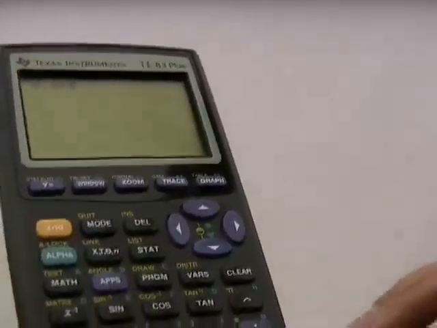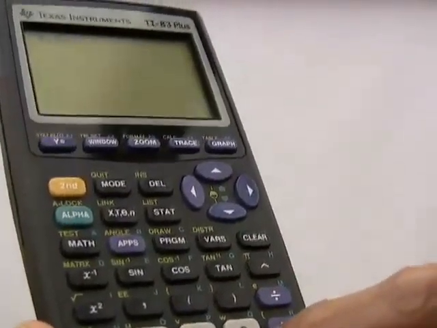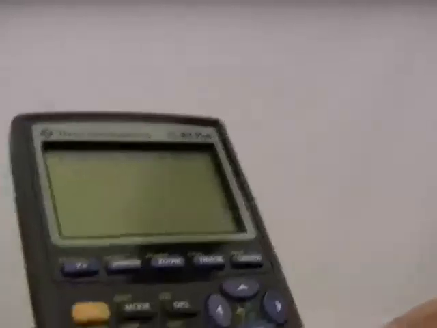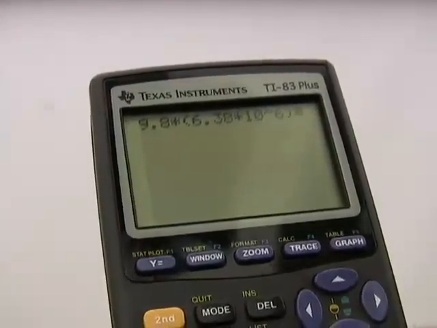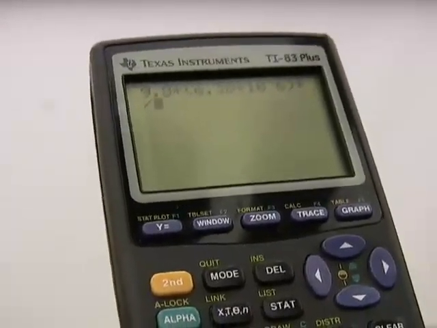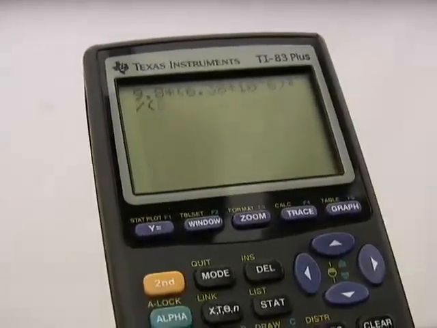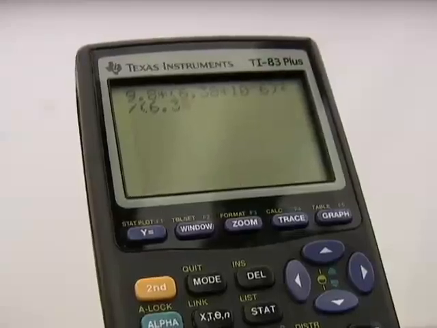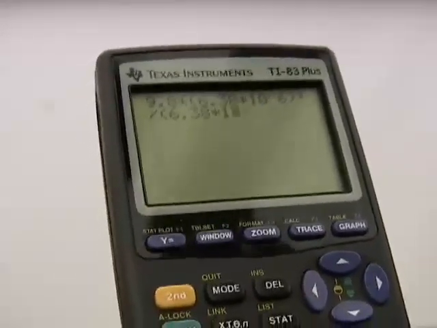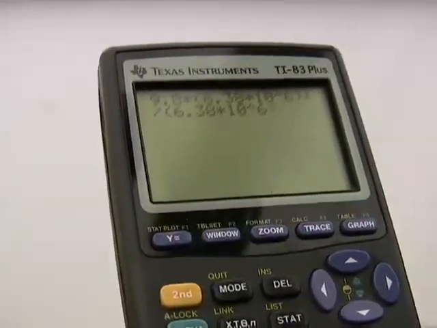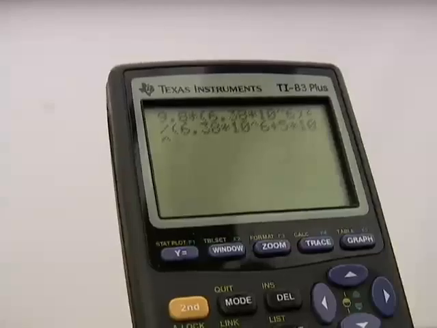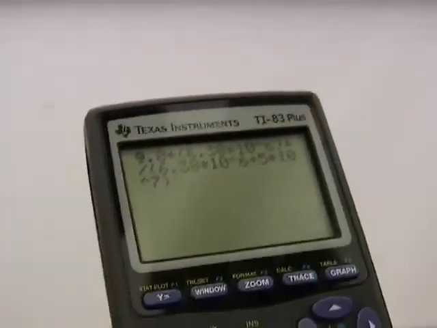9.8 multiplied by, in parentheses, 6.38 times 10 to the power of 6, parenthesis closed, and square it, divided by, parenthesis, the parenthesis, 6.38 times 10 to the power of 6 plus 5 times 10 to the power of 7, parenthesis closed, and square it.